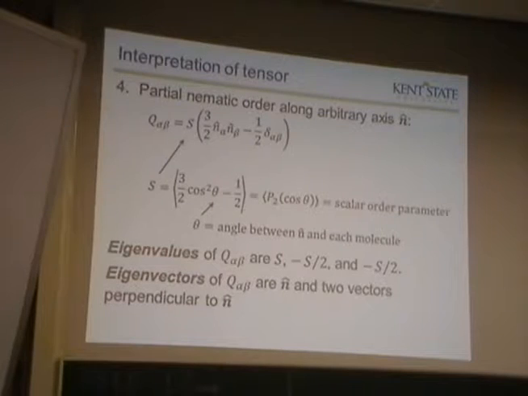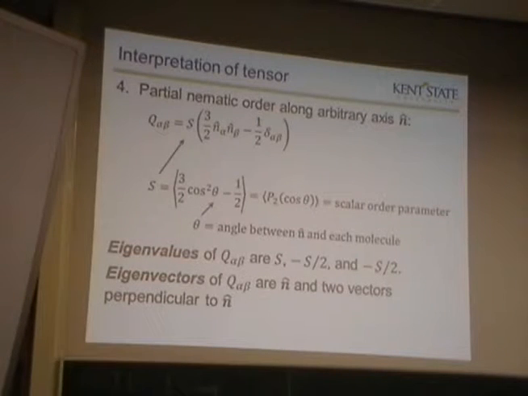In fact, you may even hear me saying that from time to time. But what everybody means by that is that it is this eigenvector, even if they don't know that that's what they mean by it. It's the only mathematically consistent definition of what could be the liquid crystal director.